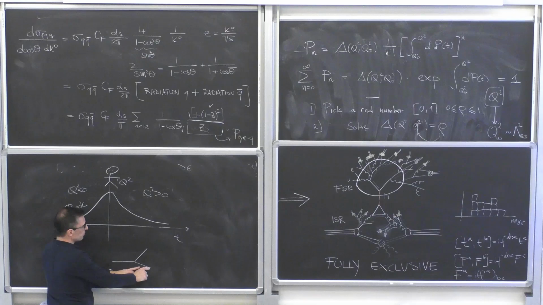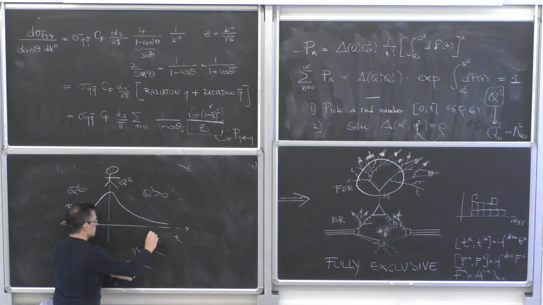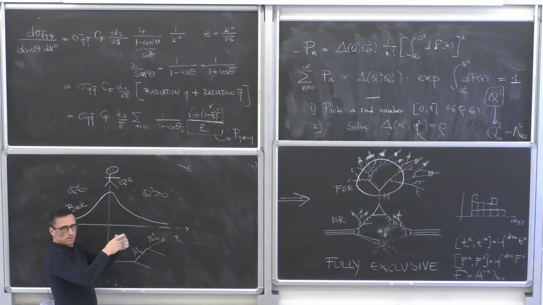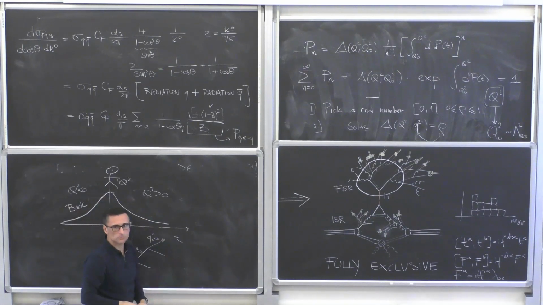This one has no virtuality, but this one now is a t-channel, with a virtuality less than zero. Then it splits, it has a virtuality Q1, then Q2, less than zero and in modulus larger than this one. And then you arrive at high Q squared, and then you evolve it the other way around.